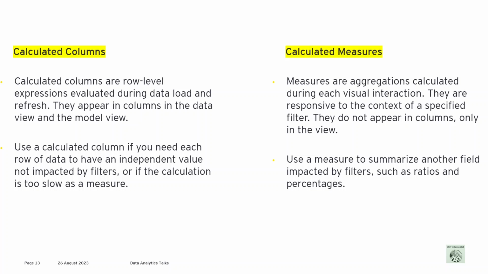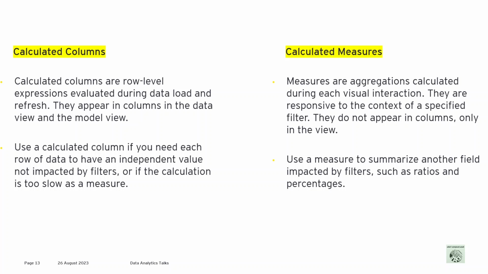It does not depend on user interaction on the report. A measure operates on aggregation of the data defined by the current context, which depends on the filter applied in the report, such as slicer, rows, column selection in a pivot table, or axis and filters applied to a chart.